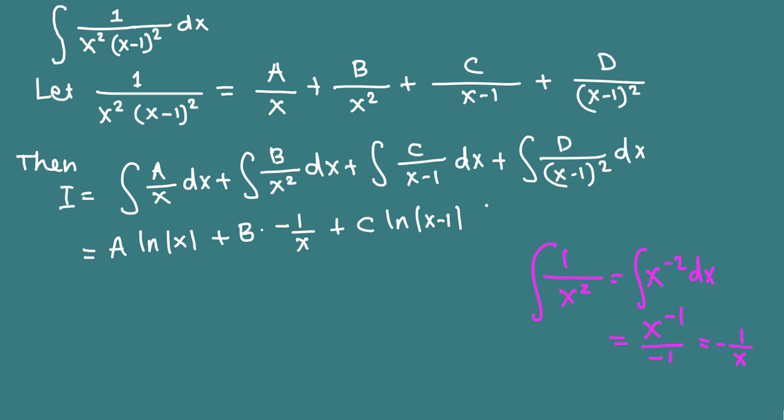Plus d outside, 1 over (x minus 1) square. Taking (x minus 1) square to the top, it becomes x minus 1 raised to negative 2.